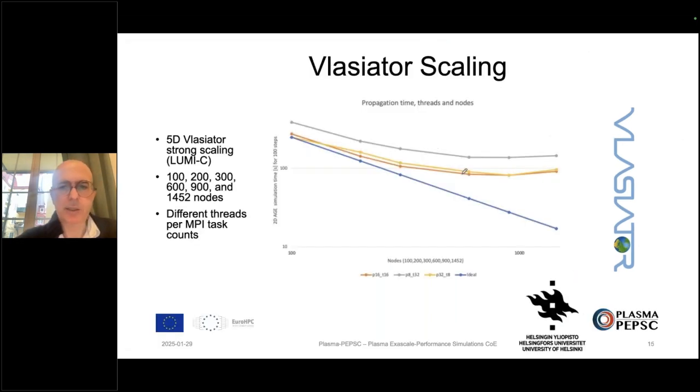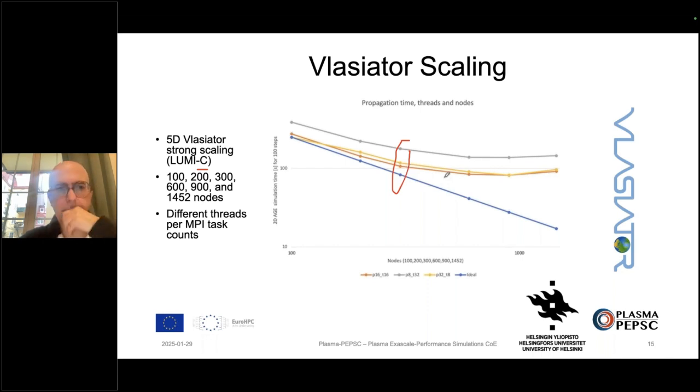And we also look in more detail at the issues on the MPI part here. We also performed a number of scaling tests. So here is LUMI-C, using a 5D Vlasiator, strong scaling on the CPU partition, 100, 200, 300. You see here around 300 it starts flattening a little bit.